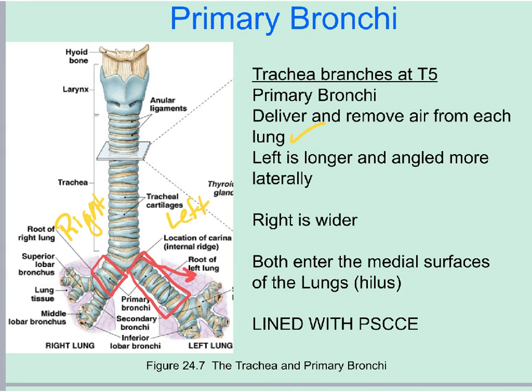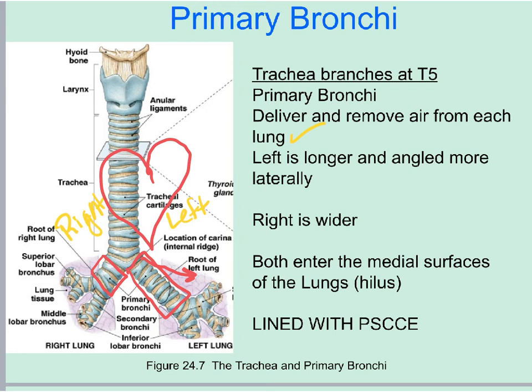If I had to draw it in, I would draw it like that. And the reason for that is because your ticker, your heart, sits right there, and so the left primary bronchus has to accommodate for the heart. The right primary bronchus is wider, even though it is a little bit shorter.